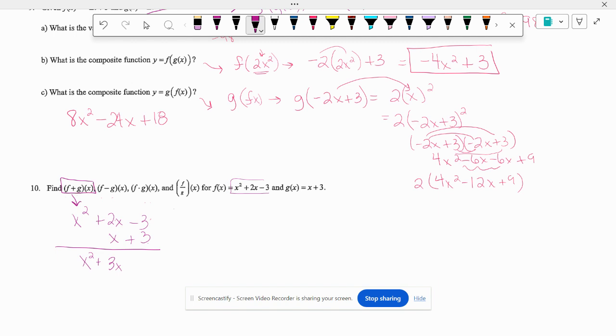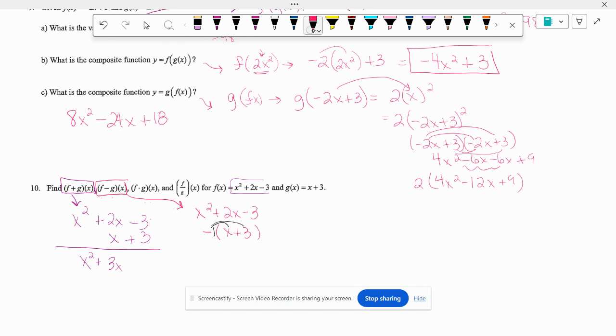Here's your first one. f minus g of x. You've got to be really careful when you subtract. So the f of x function, x squared plus 2x minus 3, minus the g of x function. So I have a negative outside the quantity x plus 3. Remember that that's the same thing as having a -1 here. You need to distribute that.